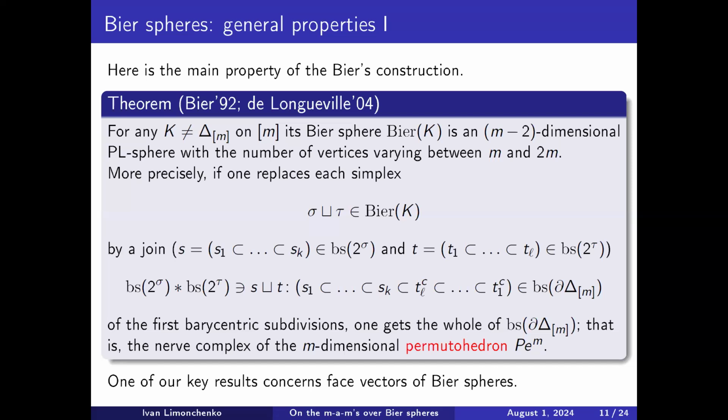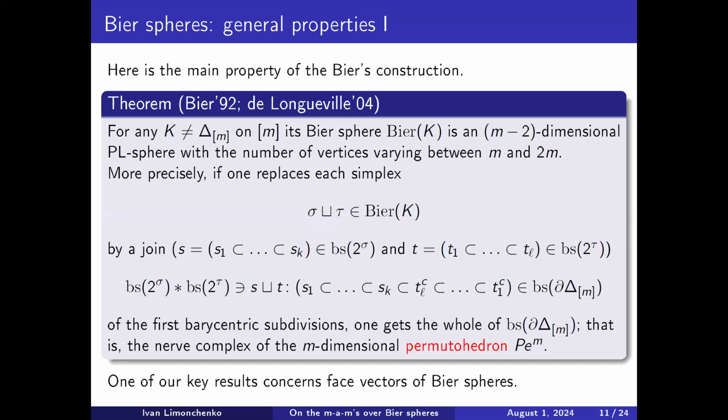But then de Longueville, who is, I think, known to specialists in toric topology, came up with a very nice construction, a very clear geometrical description of what is happening with the corresponding PL homeomorphism. The second part of the statement is actually a proof of the first one.